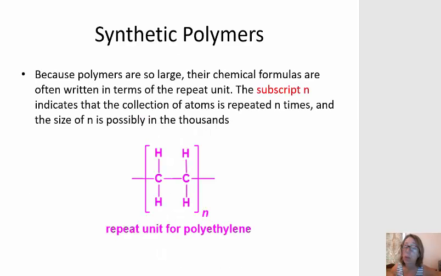The next slide shows the repeat unit. 2 carbons, 4 hydrogens. And this n down here just means that the number of repeat units, or the number of monomers that form bonds, is actually pretty variable, and it's also really, really large. So these polymers are just long chains that go on for thousands and thousands of carbons.